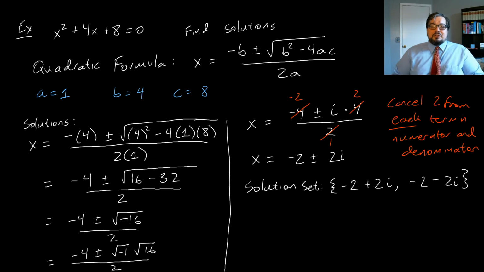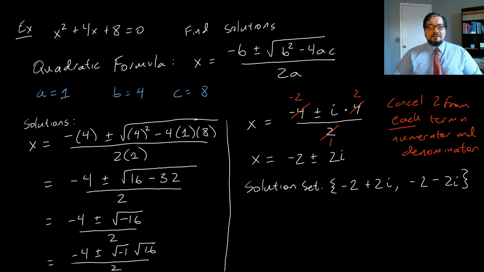So one thing that you'll notice here, well, obviously, is that our answers are now no longer real numbers. They're complex numbers. They have non-zero imaginary part. Whereas the previous example involved 2 solutions that were both real numbers. Even though they both had square roots in them, they were still real numbers.